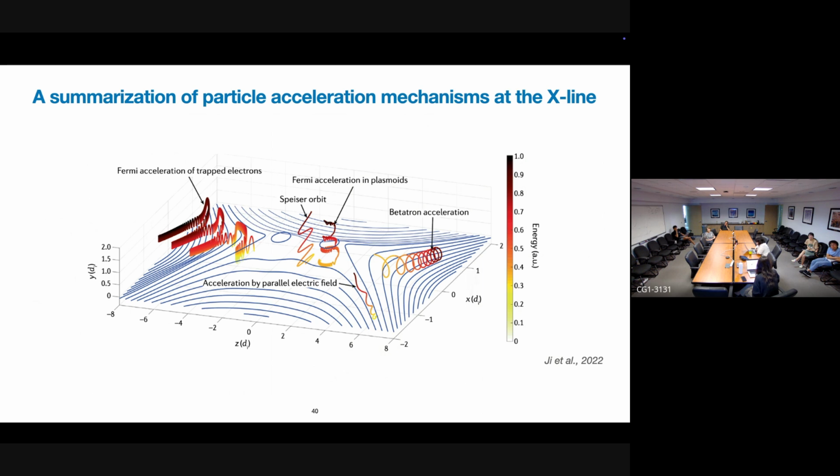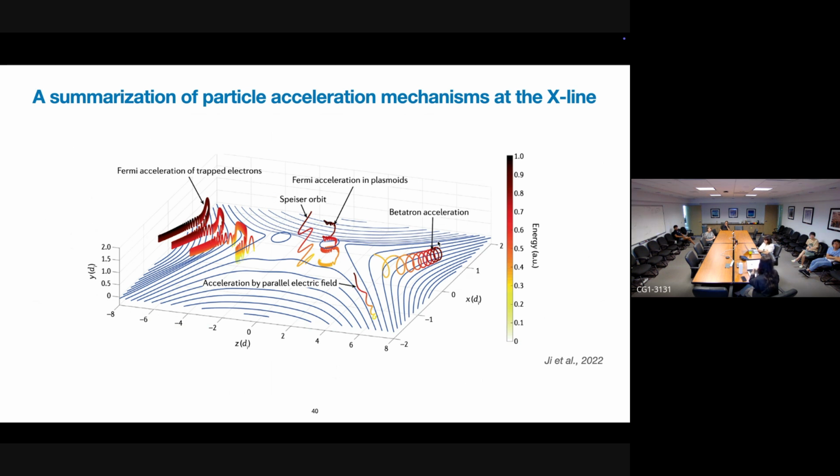And again, we review this map, right? There are so many different kinds of trajectories we can have in the complicated system. So in our test particle simulation, we have almost all of them, except for the betatron acceleration. I don't know exactly why, but I think it's because we're in a turbulent environment and the field magnitude just goes up and down.